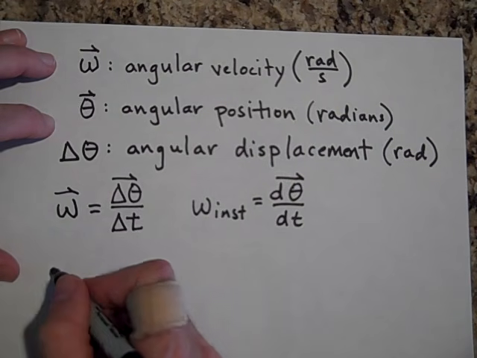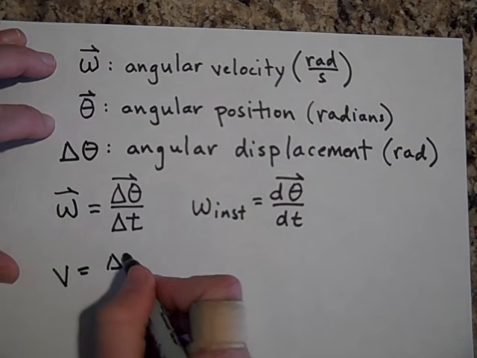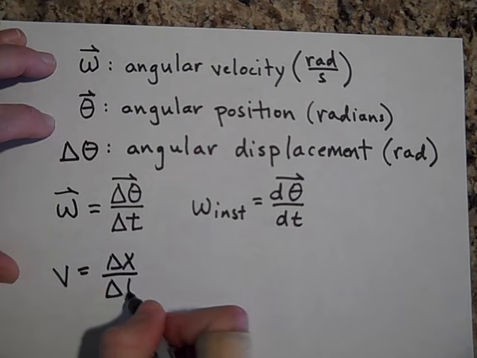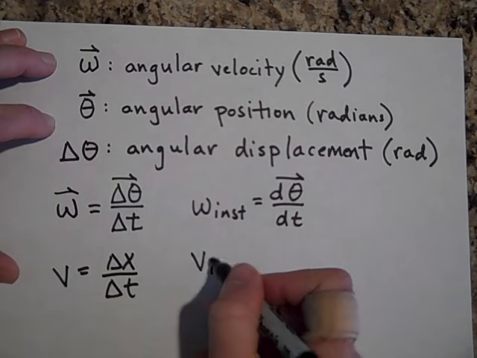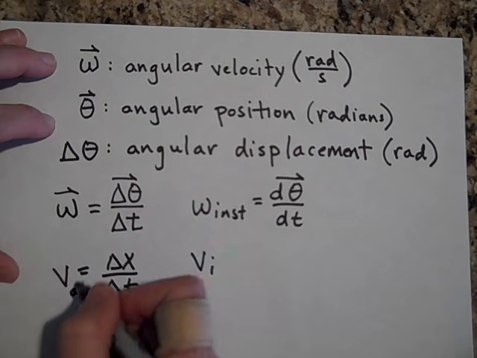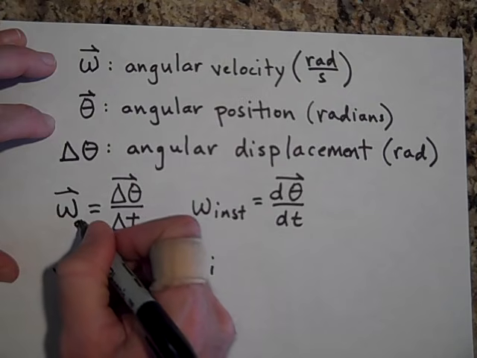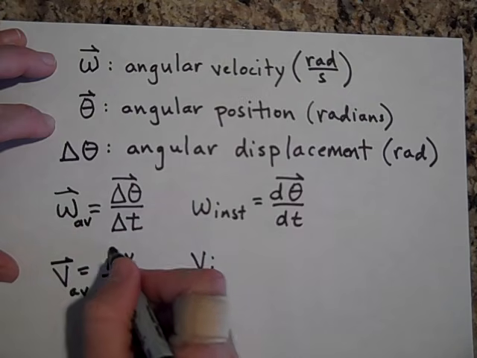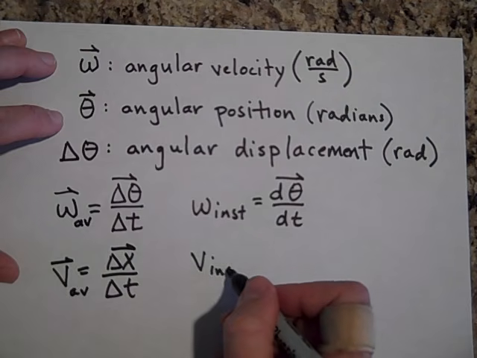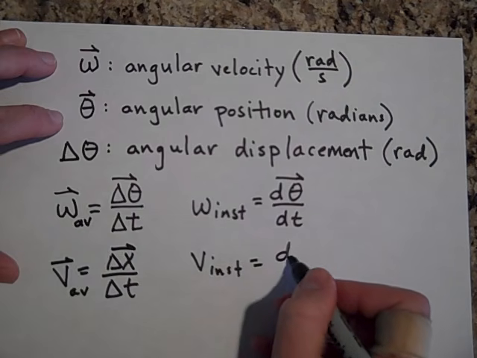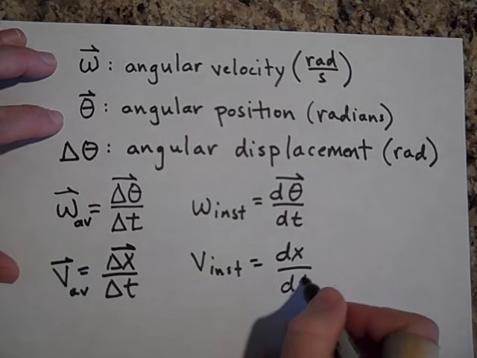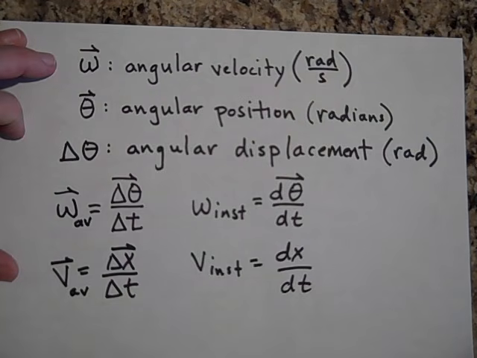That's just like v is equal to delta x over delta t, but that's the average, and v instantaneous is dx dt. Same idea.